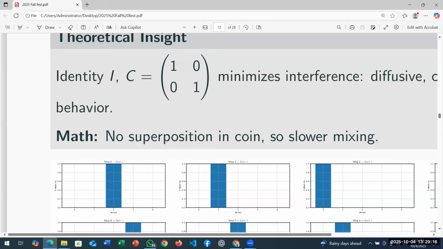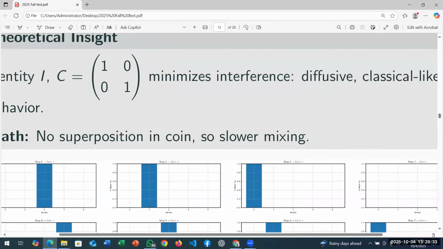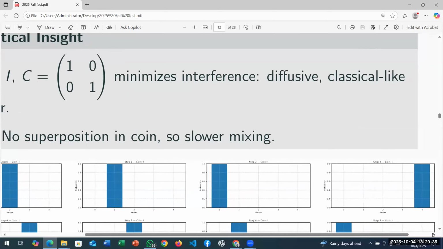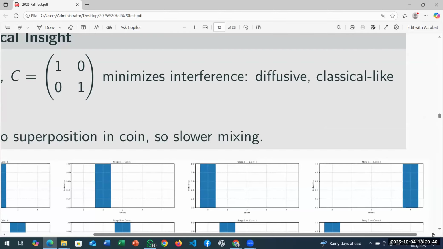2, 1, 0. We shouldn't forget that I said earlier that I used a 5-vertex musical graph, from 0 to 4. This is step 1 on vertex 1, step 2 on vertex 0. You can see now, step 3 on vertex 4.